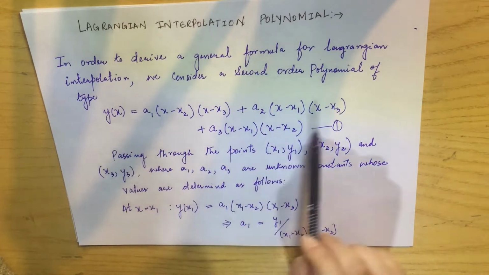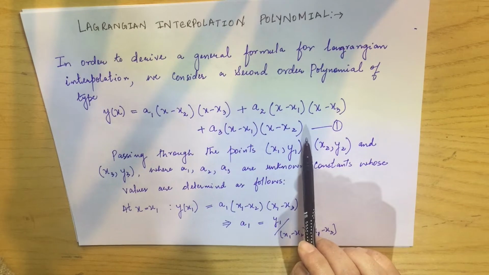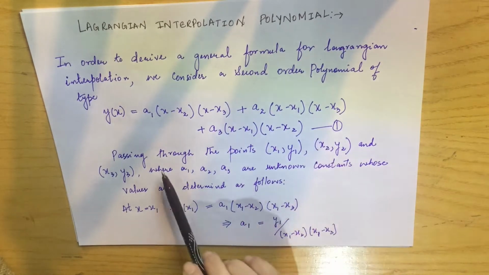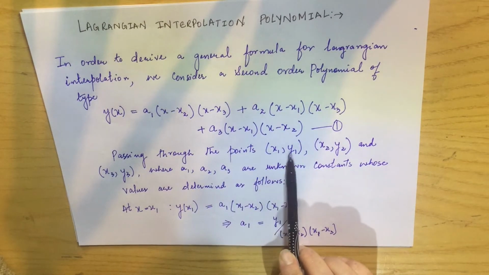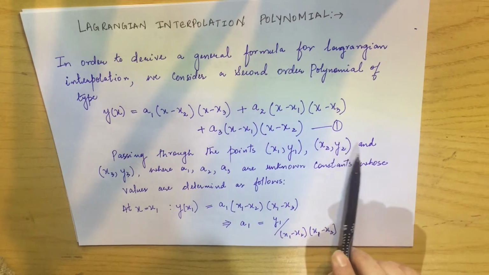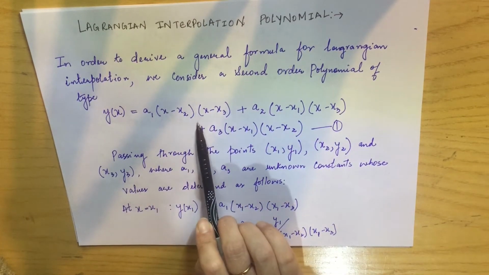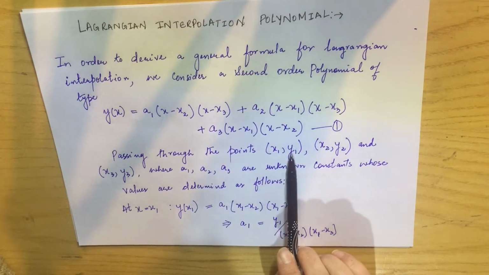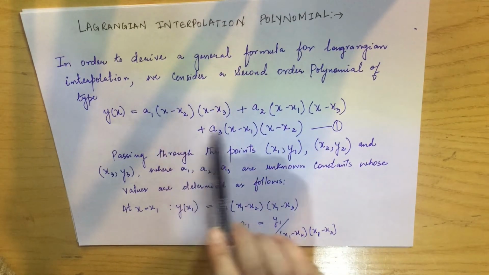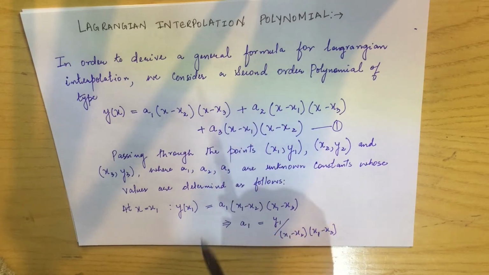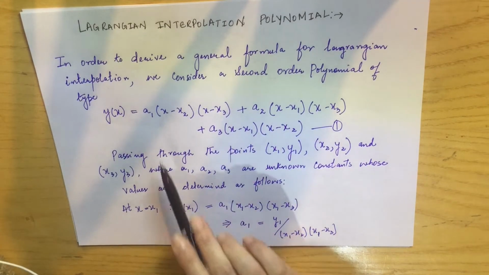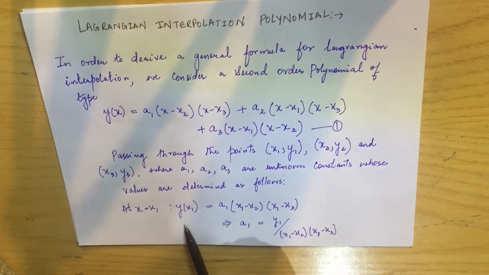We are considering that this polynomial is passing through the points (x1, y1), (x2, y2) and (x3, y3). That means this polynomial is passing through the three points, where a1, a2 and a3 are unknown constants whose values can be determined as follows.